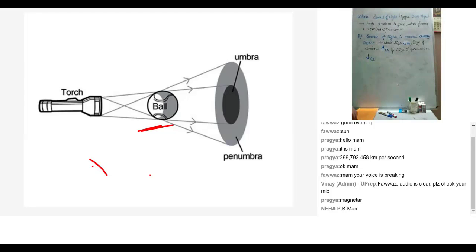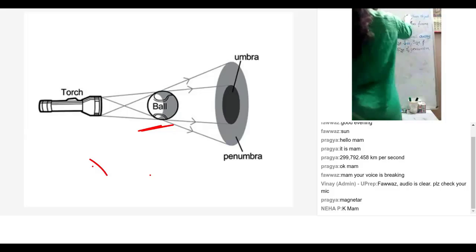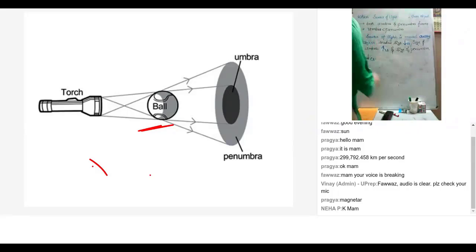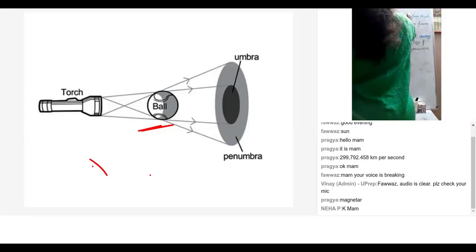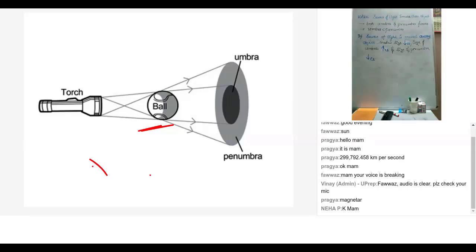Yes, ma'am. So I'll just change the condition here. Now the case when the source of light is bigger than the object. Now in this case also, dear, you will find both umbra and penumbra. And you will see the size of the umbra being bigger than the size of the penumbra.